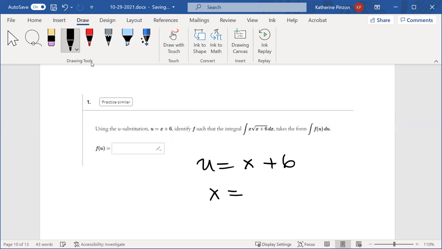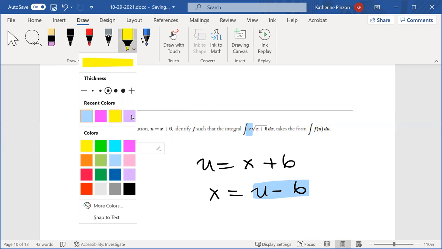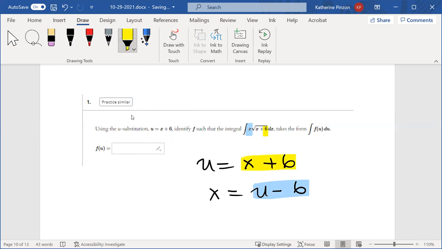So then x is u minus 6. So here, I'm going to use u minus 6. Here, I'm going to use u, and du is just 1, right?